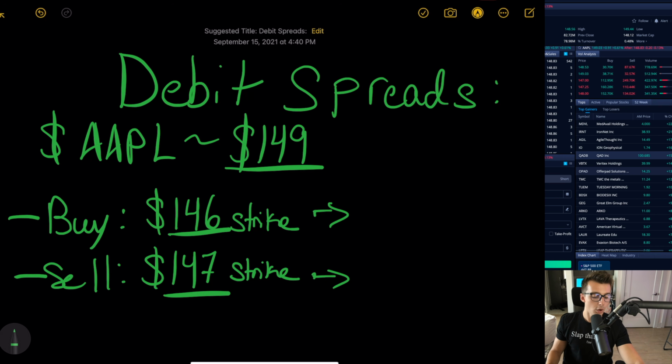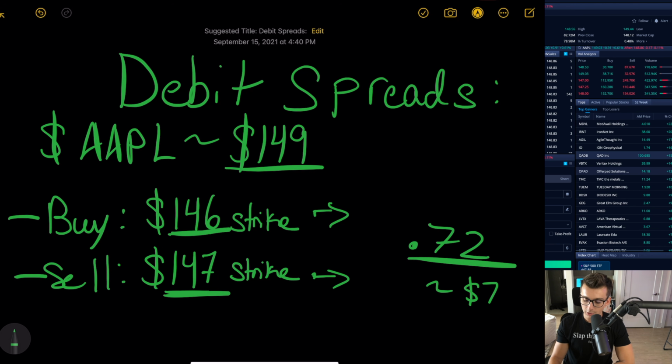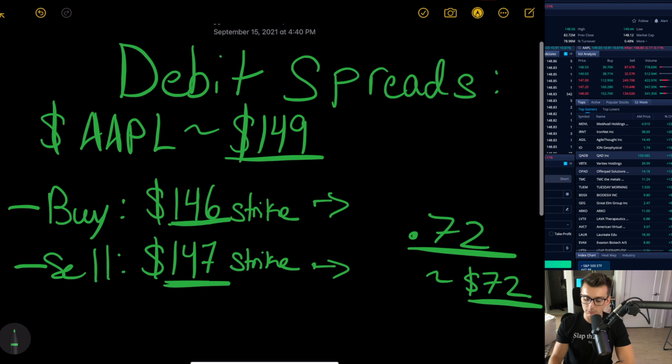As of right now, this is currently trading for 72 cents. What does this mean? This means that the difference between what we bought and sold for is going to cost us out of pocket 72 cents, which is equal to $72 per spread that we want to buy, okay? So it's going to cost us $72 out of our account, okay?